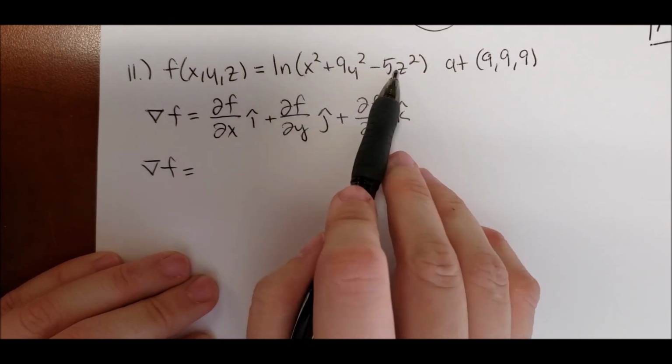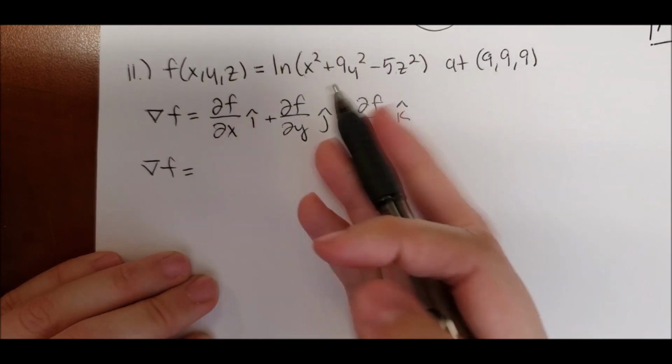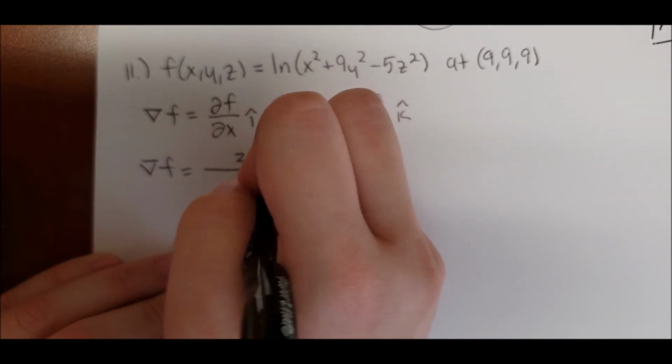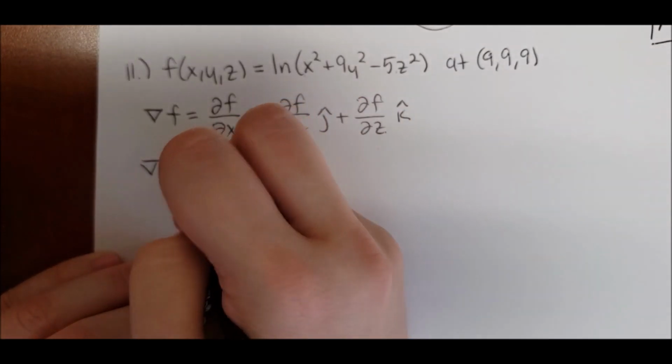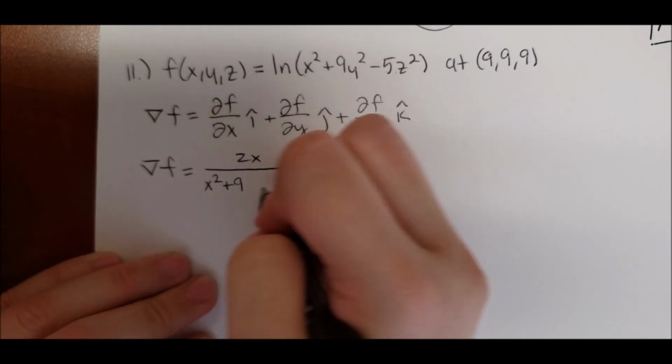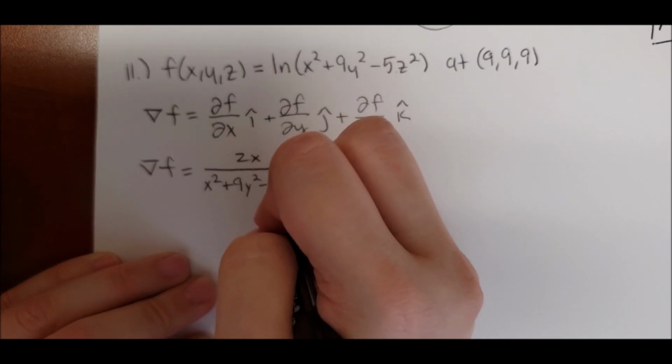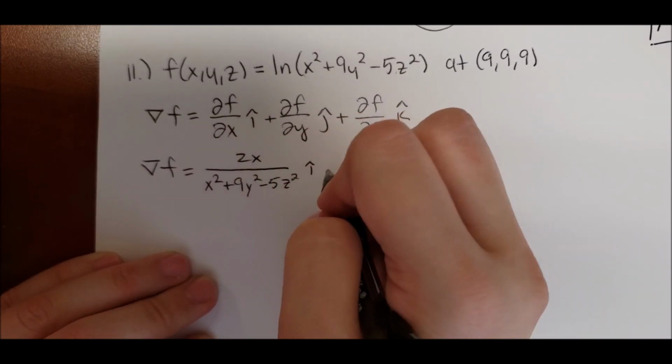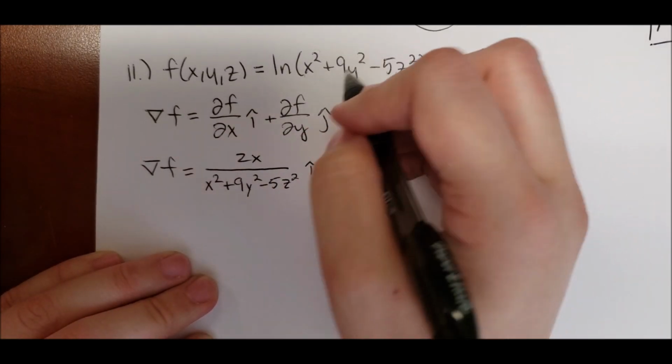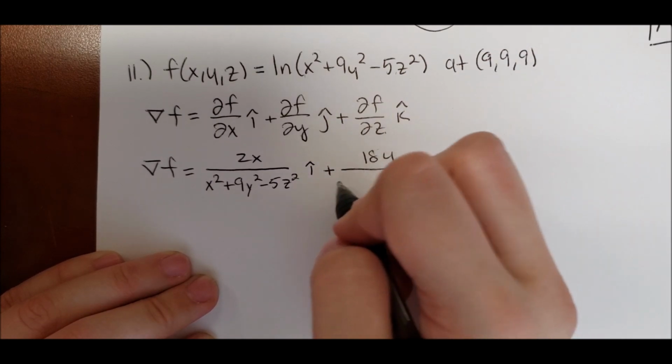So the partial with respect to x would be 2x over all of that. The y component, 18y.